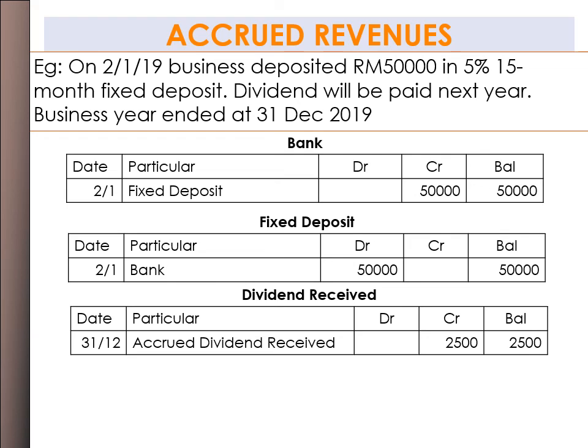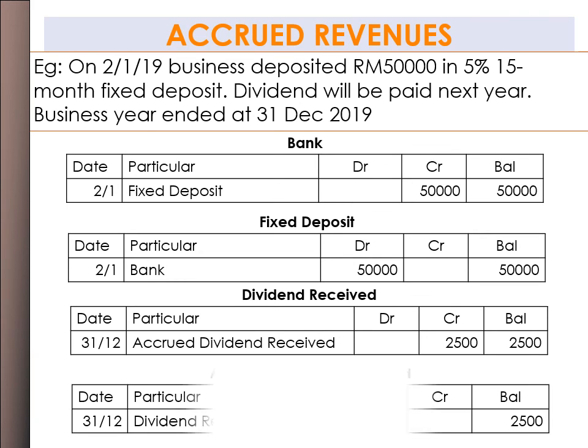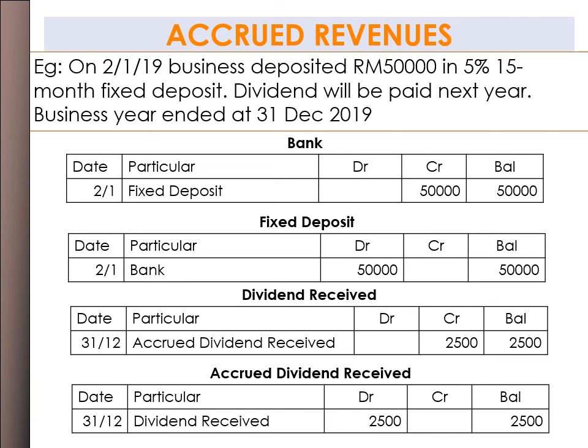Your dividend receipts must appear in your statement of profit or loss and other income. There is a dividend received of 2,500 ringgit, and your accrued dividend received will appear in your statement of financial positions as the current asset because you will debit the accrued dividend received 2,500 ringgit.